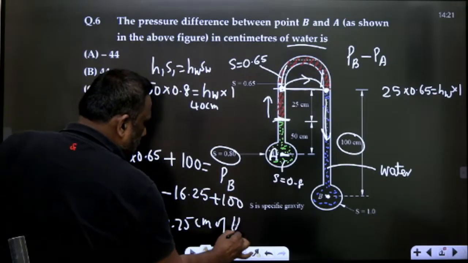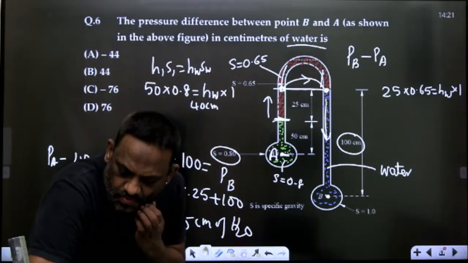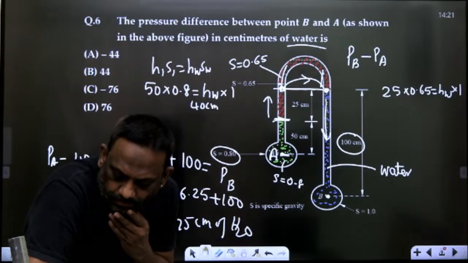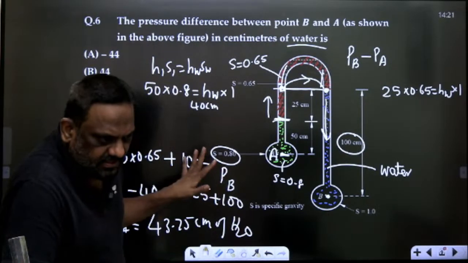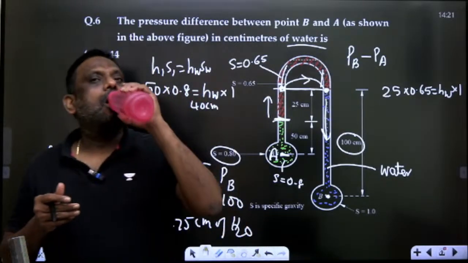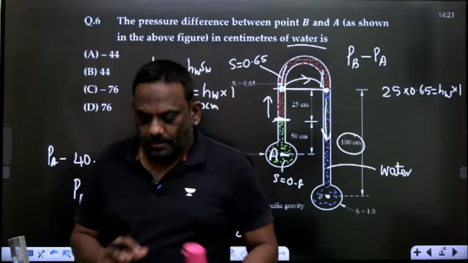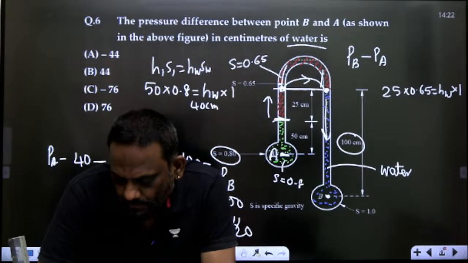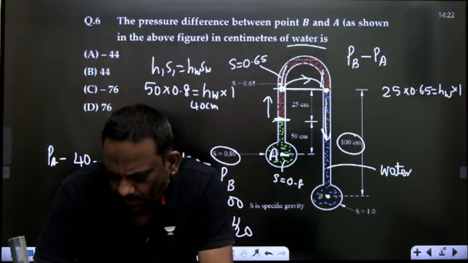I have not used calculator, sir. गलत हुआ कहीं पे? Is this correct or कोई कैलकुलेशन मिस्टेक तो नहीं किया सर? Means 44. गलत है या सही है?